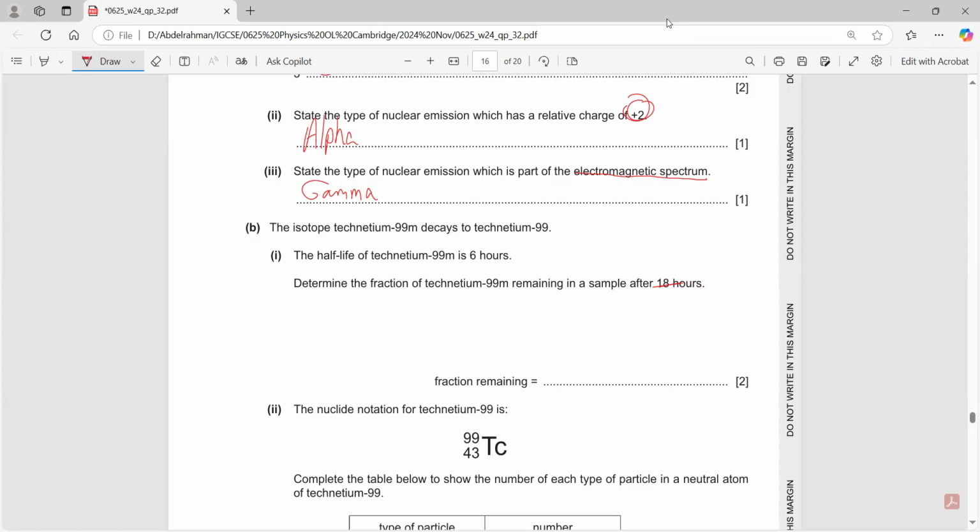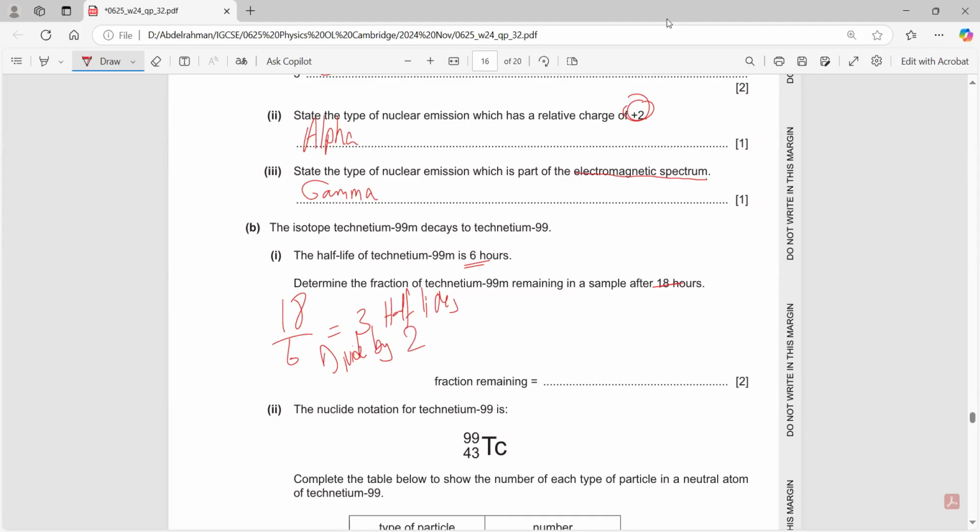After 18 hours, and the half-life is 6 hours. How many half-lives do we have in 18 hours? 18 divided by 6 is 3 half-lives. What do I mean by 3 half-lives? Basically you are dividing by 2, 3 times.